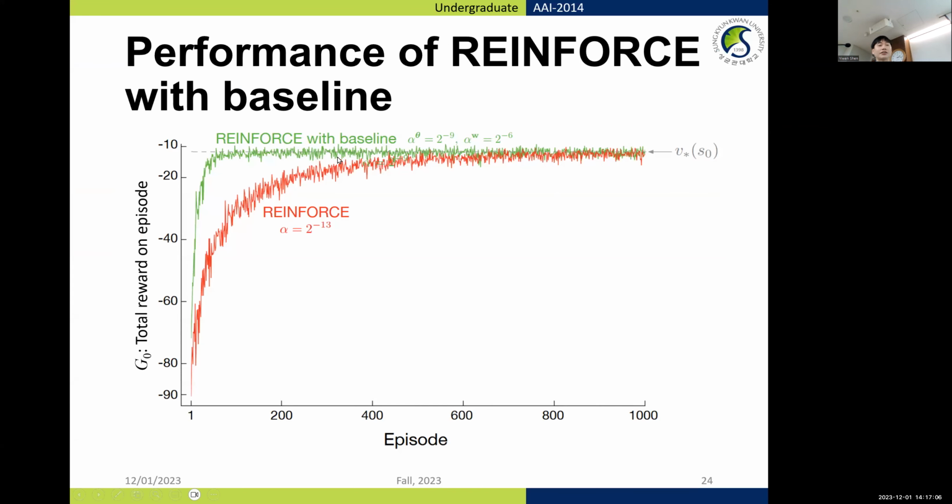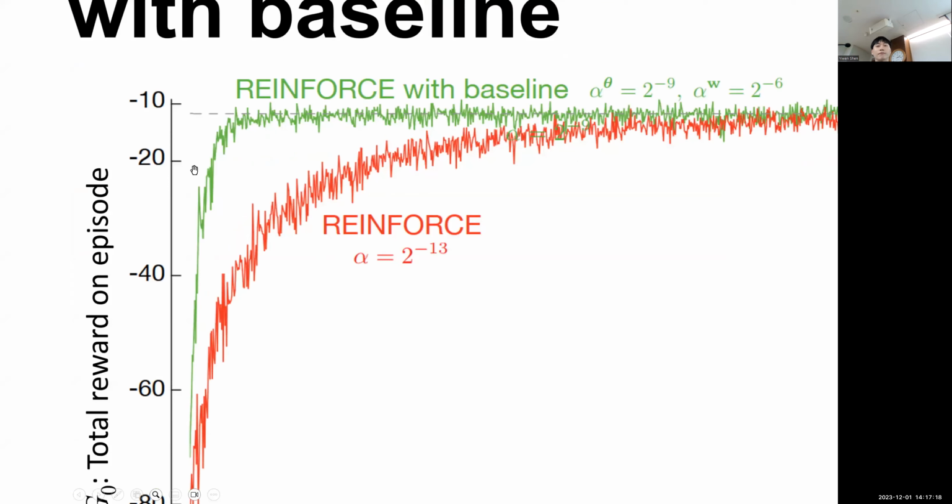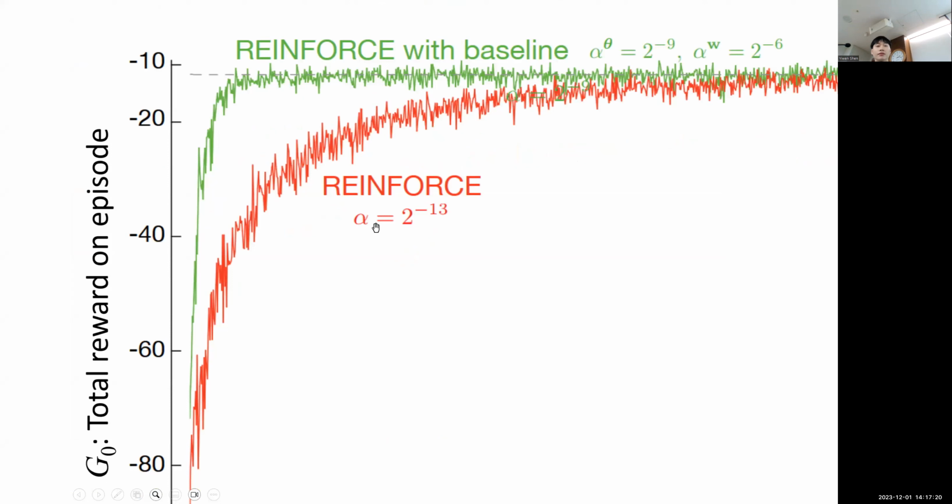If you look at the performance comparison between the original REINFORCE and REINFORCE with baseline, we see a clear improvement. Compared to the best performance in the previous setting, alpha equals 2 to the power minus 13, REINFORCE with baseline improved the performance a lot.